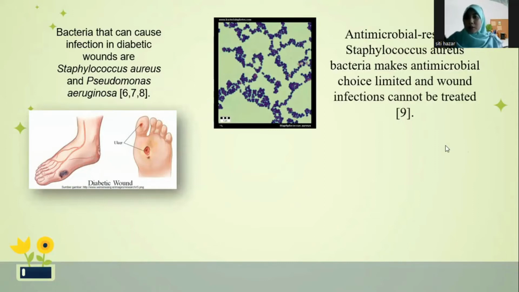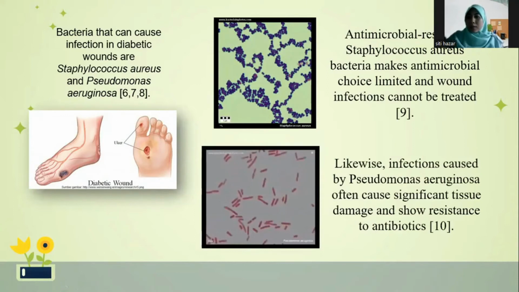Antimicrobial resistance of Staphylococcus aureus makes antimicrobial choice limited and the wound infection cannot be treated. Likewise, infections caused by Pseudomonas aeruginosa often cause significant tissue damage and show resistance to antibiotics. This is the picture of Pseudomonas aeruginosa.